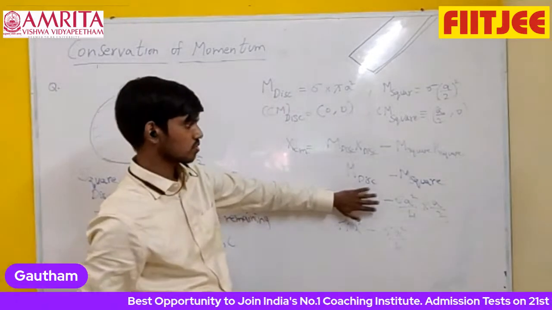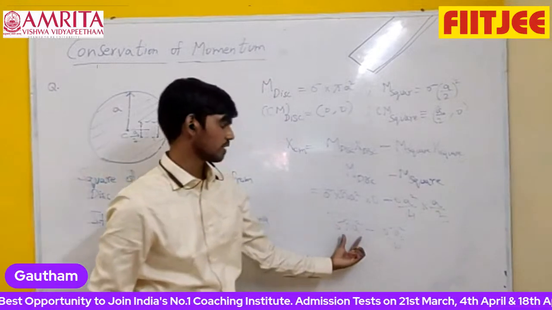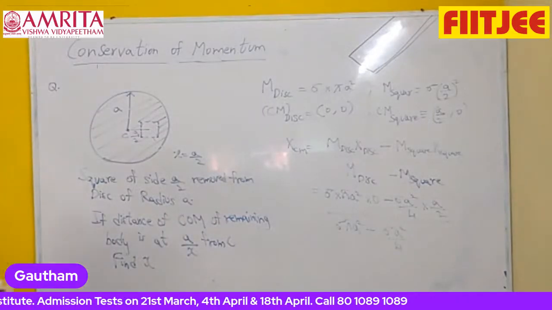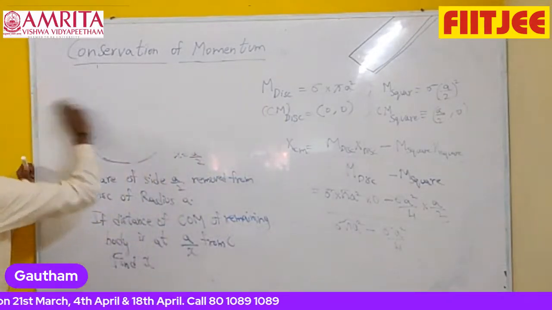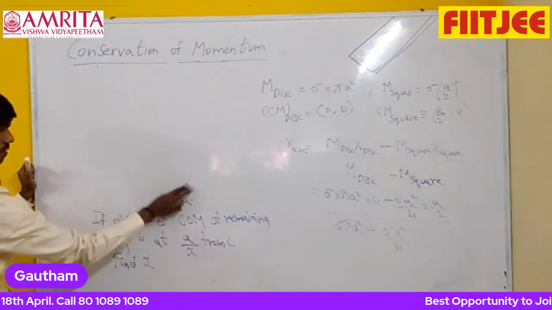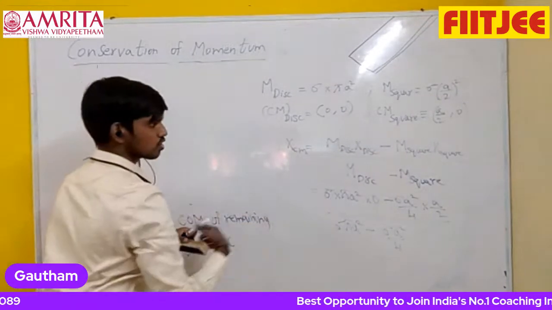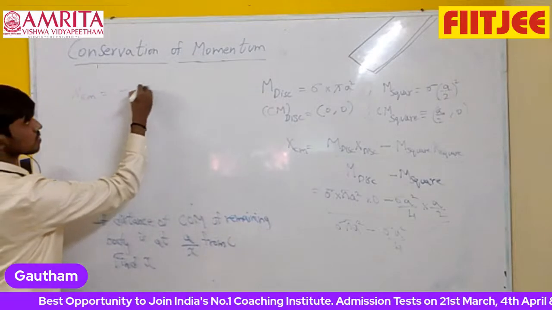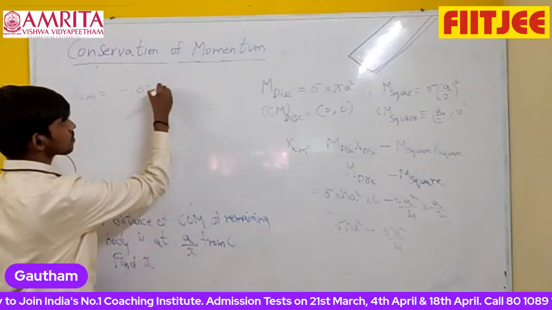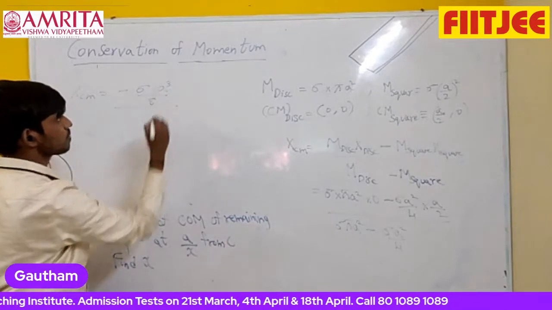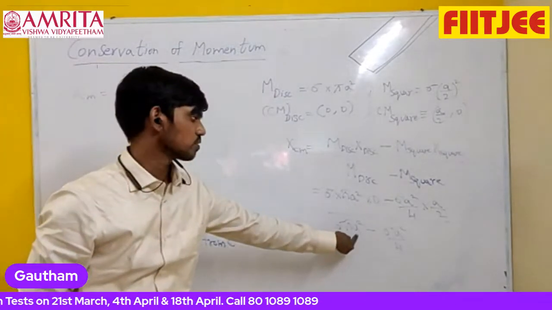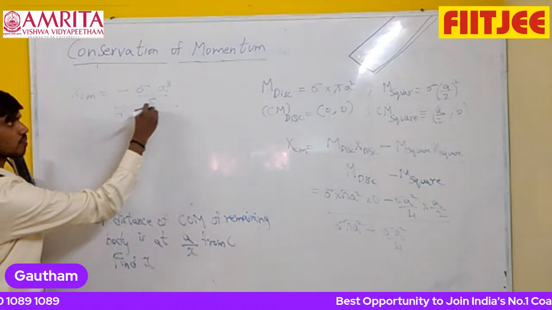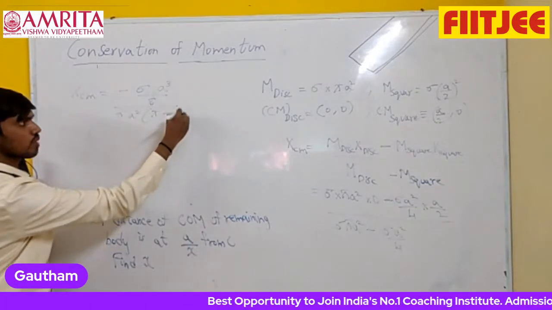So this term will be 0. This will be sigma a cube by 8. In the denominator, sigma a square you can take common and find the final answer in terms of a. So simplifying, the numerator is minus sigma a cube by 8, divided by the denominator, where taking sigma a square common gives pi minus 1 by 4.